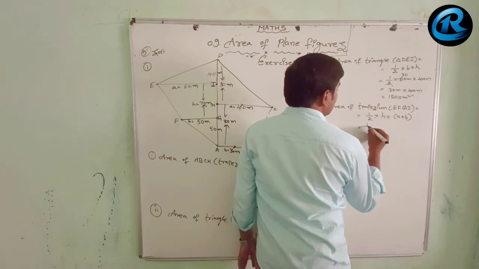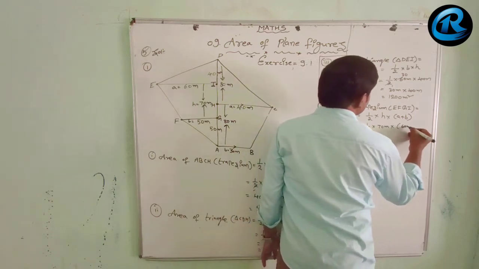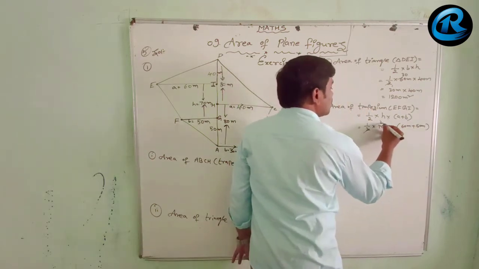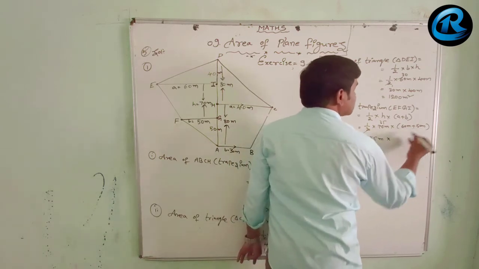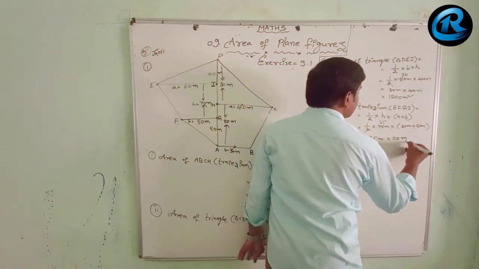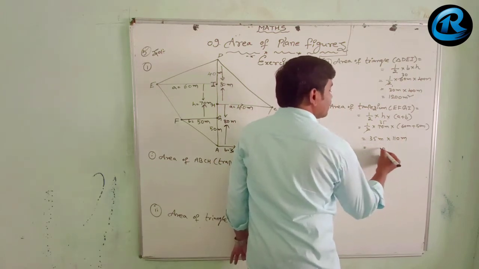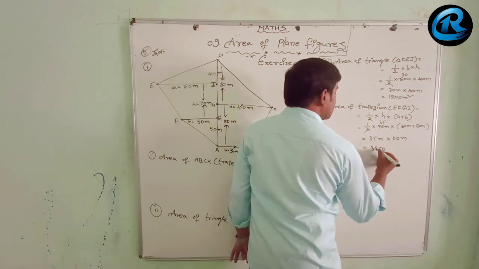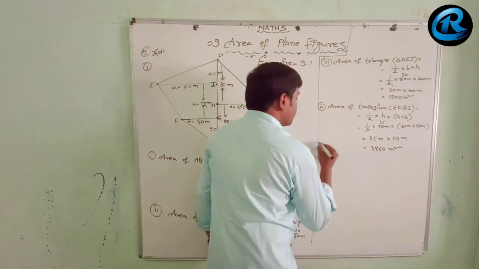So let us solve here. 1 by 2 into h, that is 70 meters, into a, that is 60 meters, b is 50 meters. 2 ones are 2, 2 35s are 70. So 35 meters into here 60 plus 50, that is 110 meters. So here 10 you write here. 11 5s are 55, 5 carry, 11 3s are 33 plus 5, 38. 3850 meter into meter, meter square. Then we go for the fifth one.